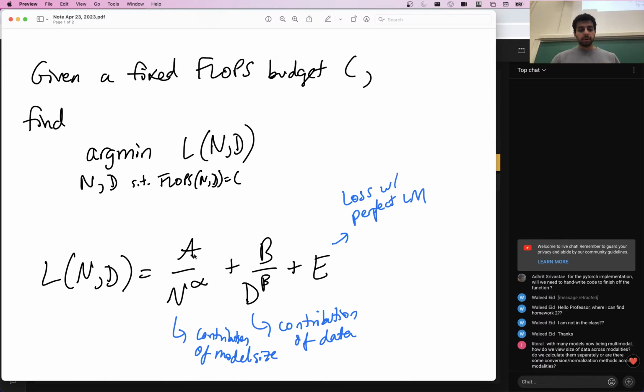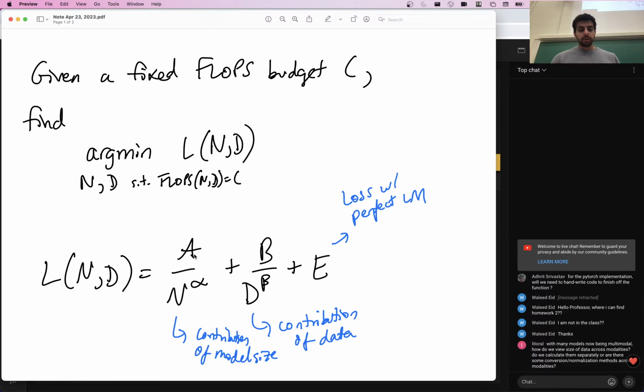We are essentially trying to find values of A and B, which are constants, alpha and beta, which are these exponents over n and d, defining the power law, and E, which is this other constant that we're estimating. So let's take a look at what each of these things means.